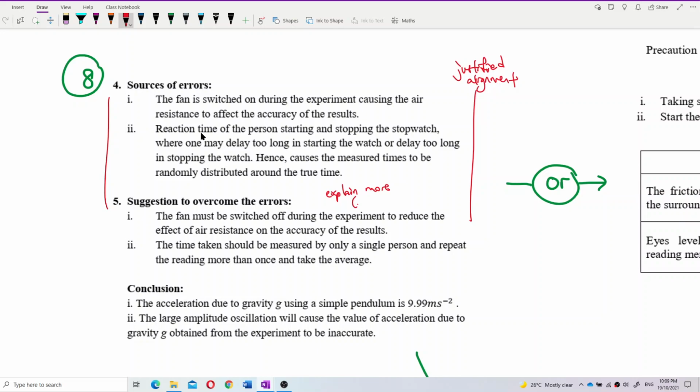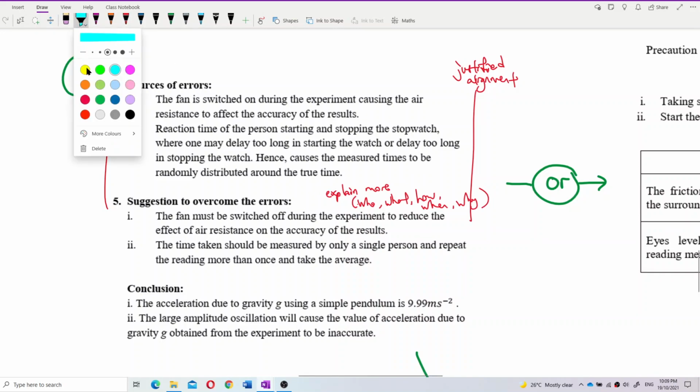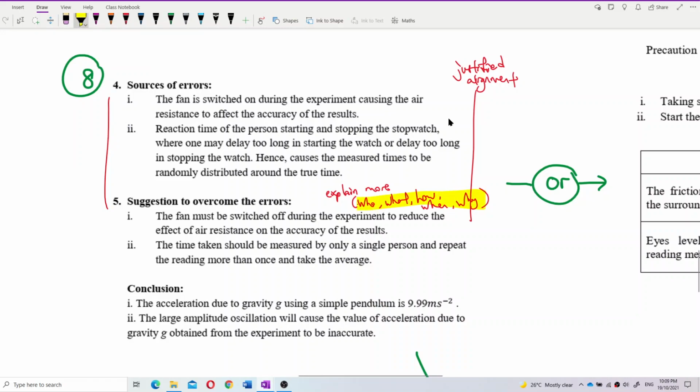Give me who, what, how, when, why. Explain all this. That is the errors and the precaution. Explain more: who, how you do it, why you do it.